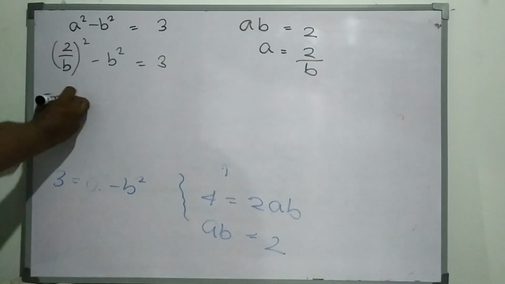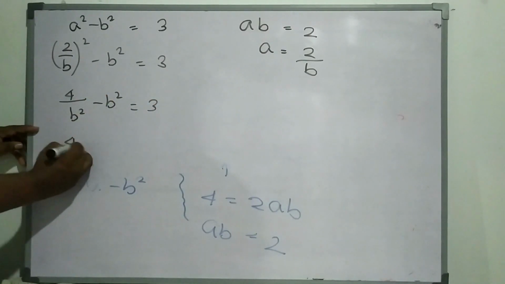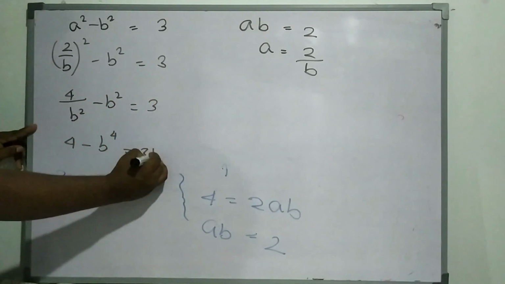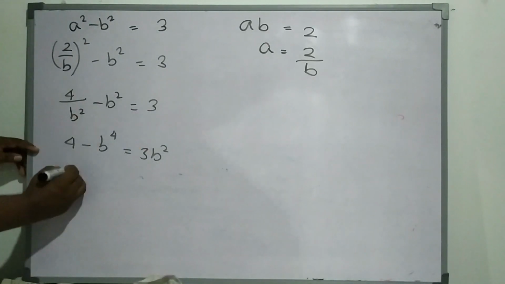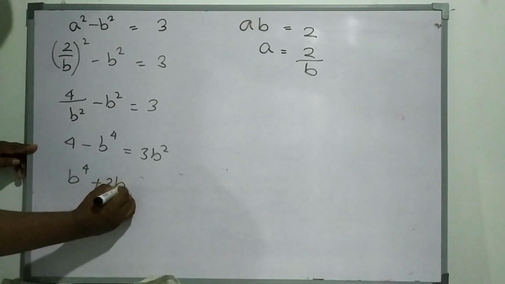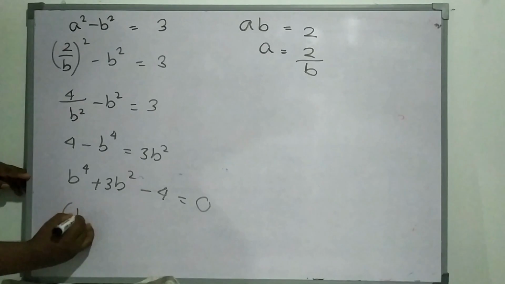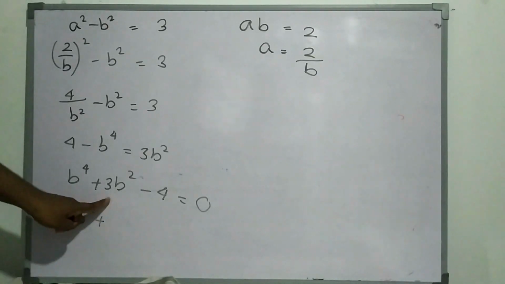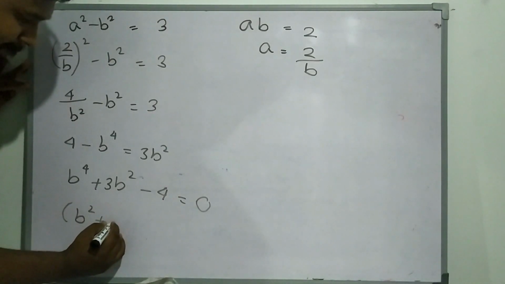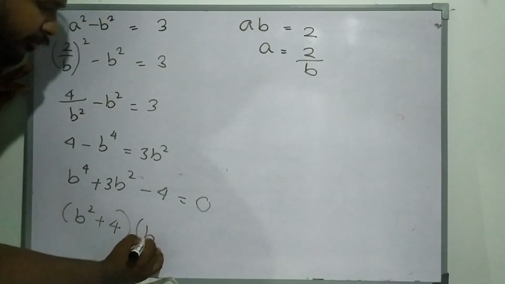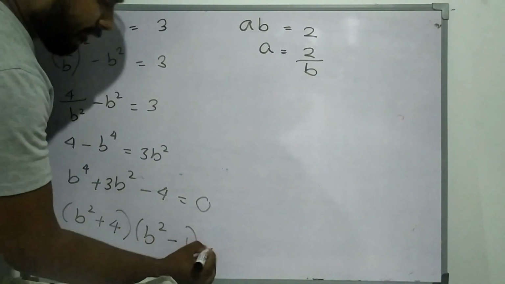Then 4 over b square minus b square equals 3, so 4 minus b to the power of 4 equals 3b square, that is b to the power of 4 plus 3b square minus 4 equals 0. Then the factors will be b squared plus 4 and b squared minus 1.